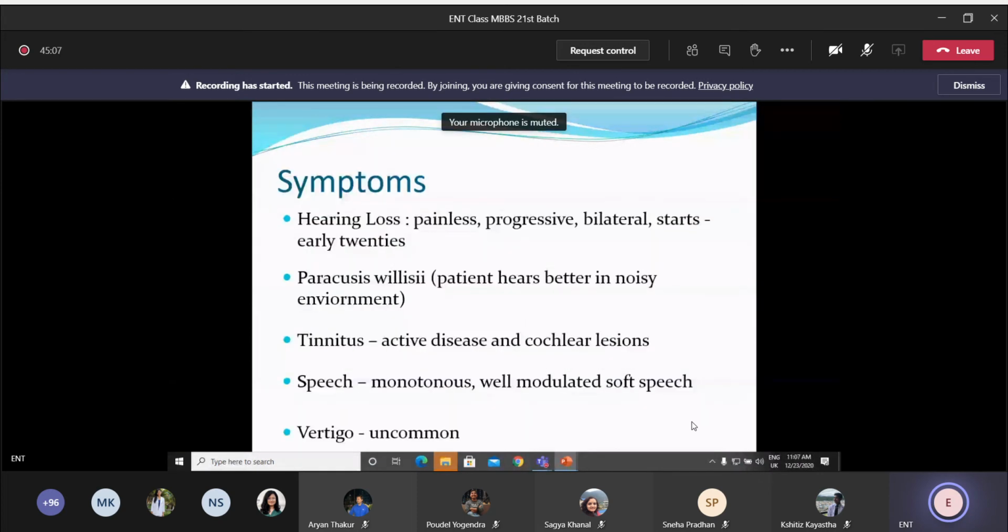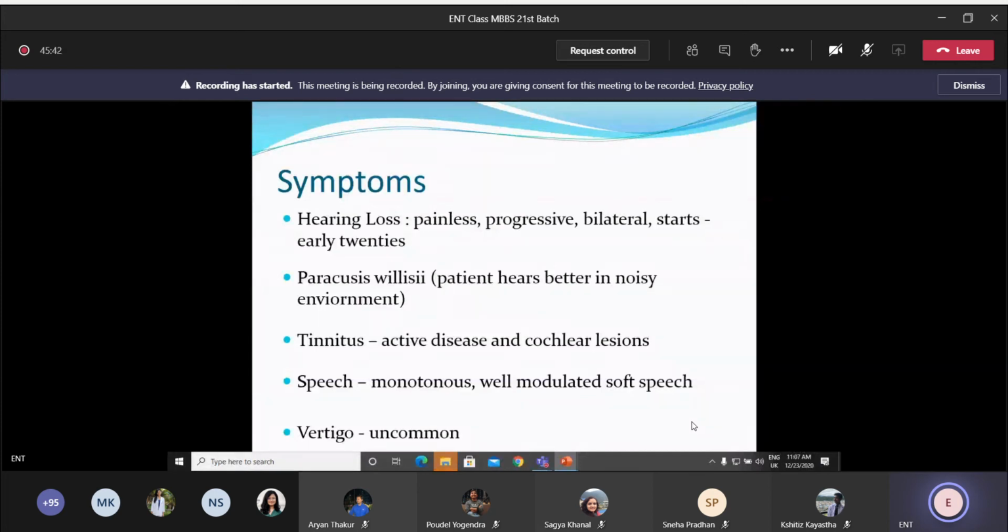Now, looking at the clinical features, the patient would come with a complaint of hearing loss. There's no history of pain, but the hearing is worsening with time. It's a progressive conductive hearing loss. In your exam, sometimes you might get PBQs, problem-based questions. If a question tells you a young person with a progressive conductive hearing loss, that means otosclerosis has to come to your mind.